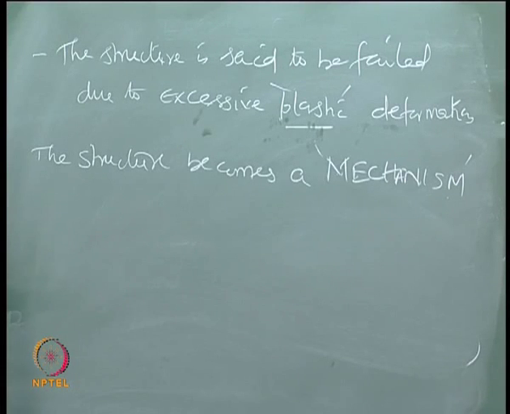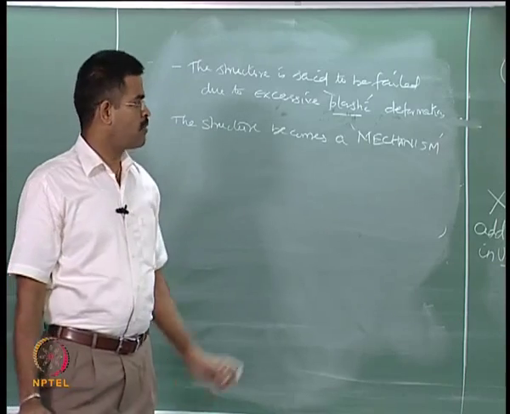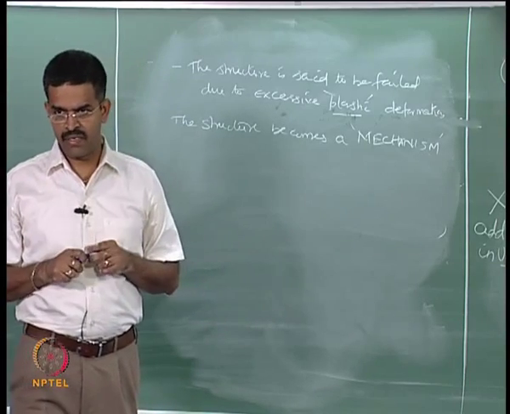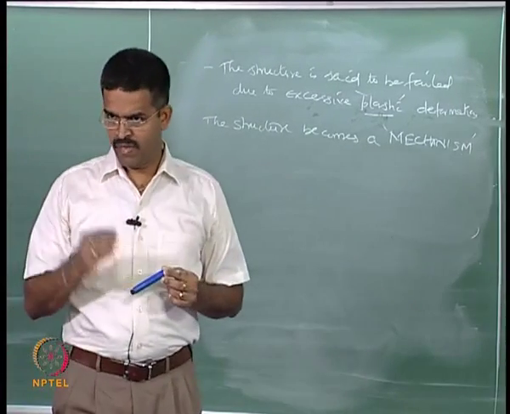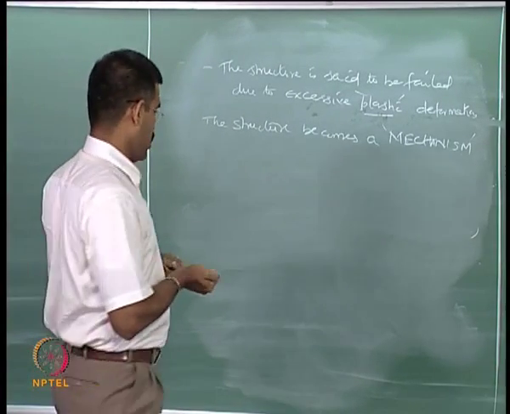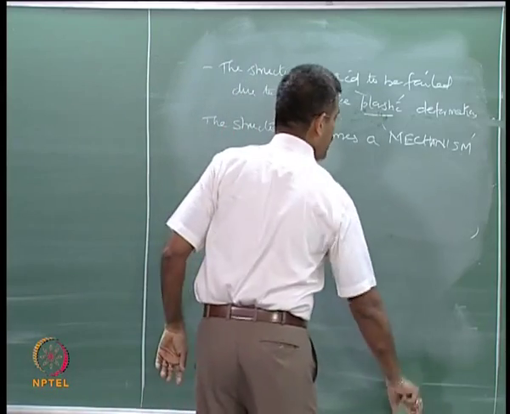Now, we will take a very simple example to illustrate what would be the plus and minus of a plastic design compared to an elastic design in a statically indeterminate system. We will try to show you how this can be done by an example.